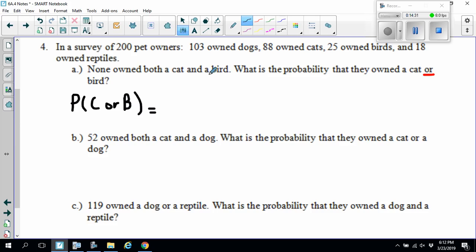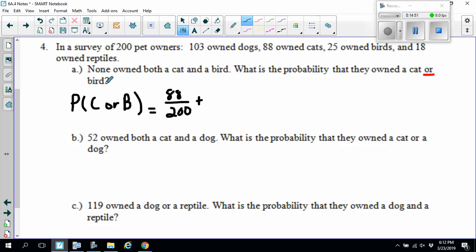So remember cats, let's go back up to our sentence, what they told us. They said 88. And remember, they surveyed 200 people. That's our total. We have 88 over 200. Then plus, because remember, this is just an ordinary OR type of problem, so we always add for those.